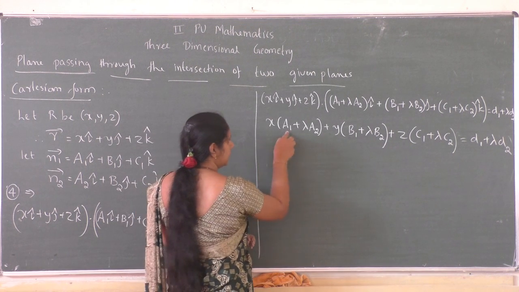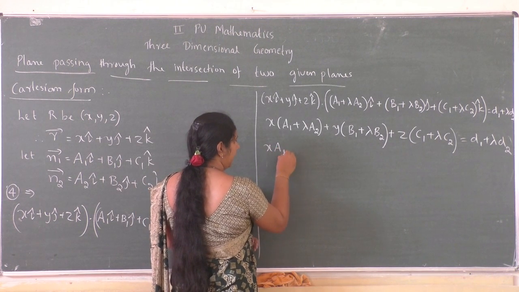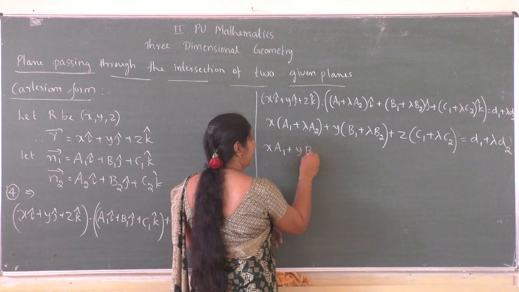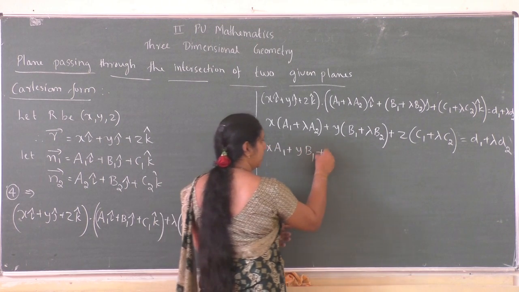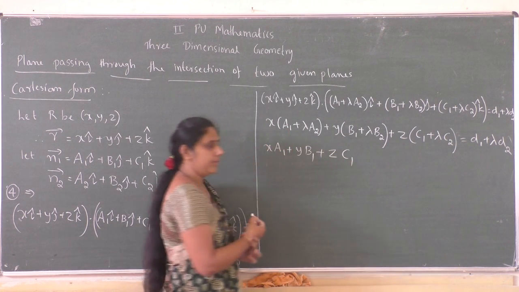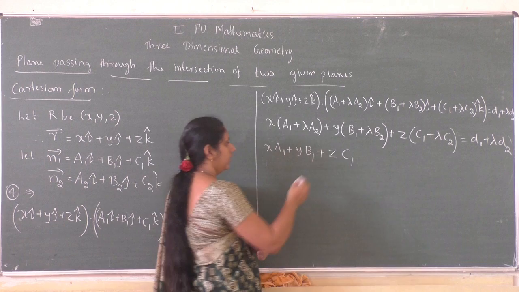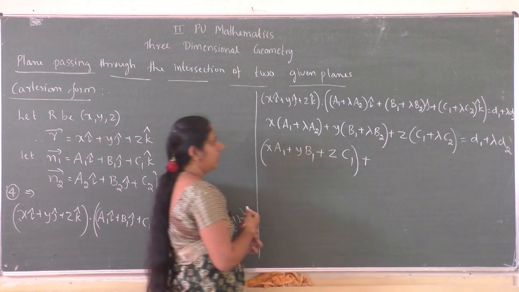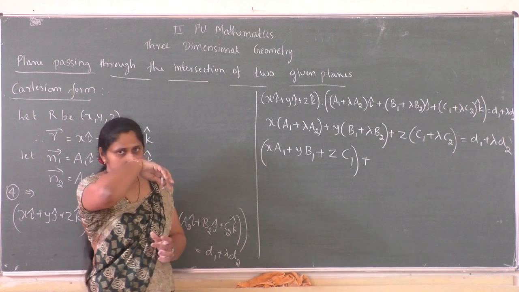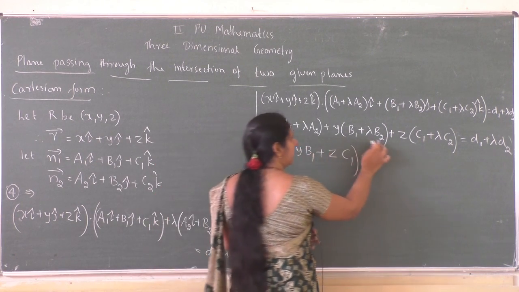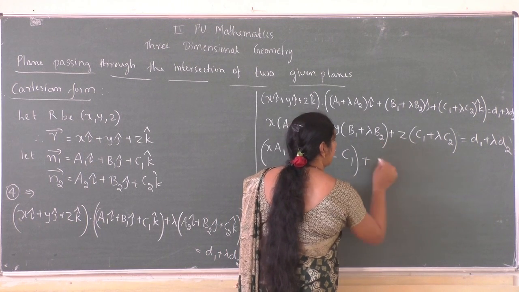So x into a1 plus, here we have y into b1 which is independent of lambda, and here we have z into c1 which is independent of lambda, plus take the lambda terms together, that is x lambda a2, here y lambda b2, here z lambda c2.